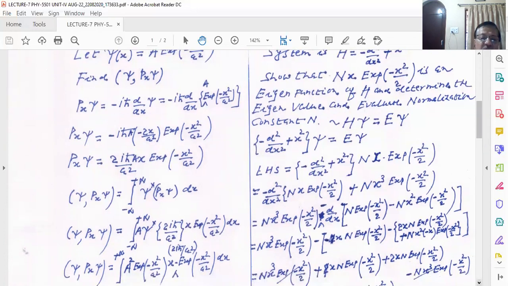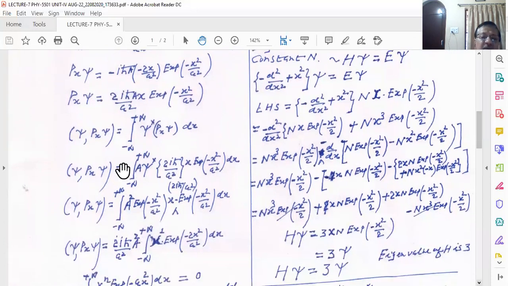I hope you understand this step clearly. This is very simple. I keep psi star as it is, and I keep the value of p_x psi. The only constant a I am just replacing here, and you have the exponential factor dx.